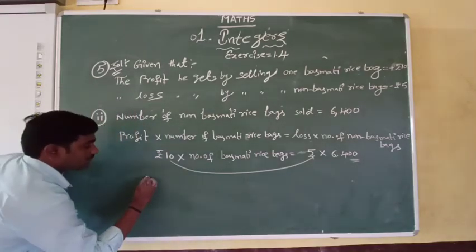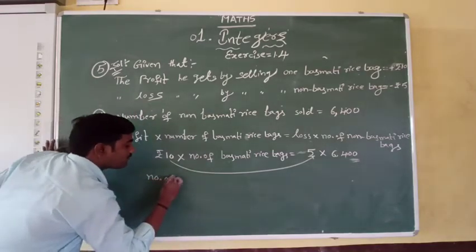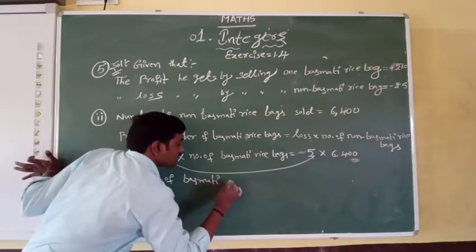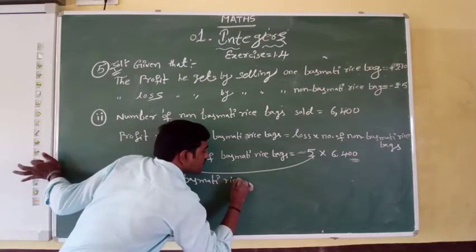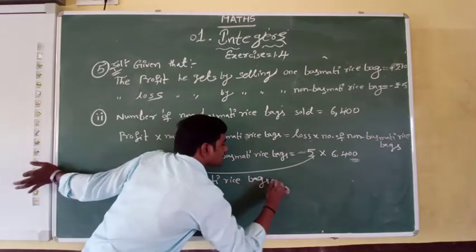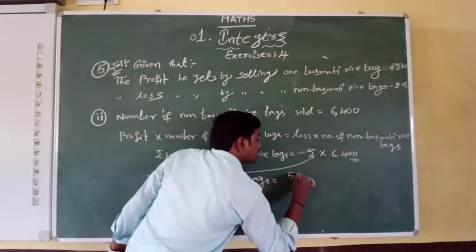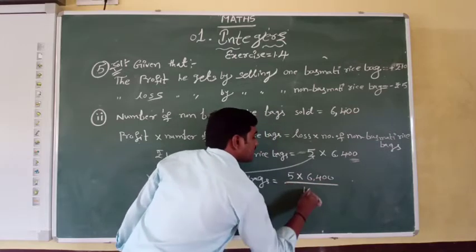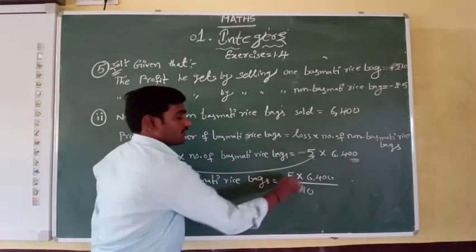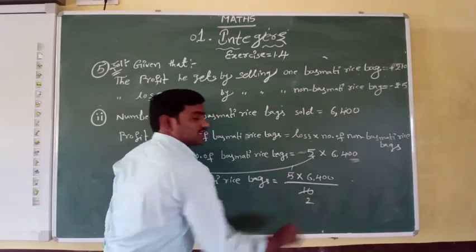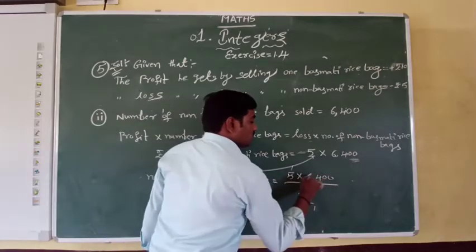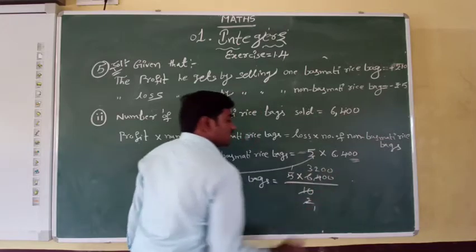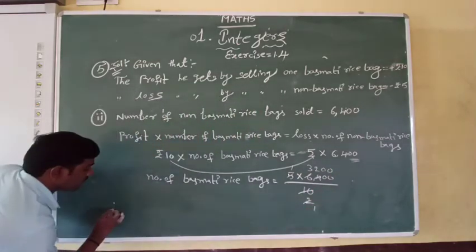So we get number of basmati rice bags equal to 5 into 6,400 by 10. Here 5 ones are 5, 5 twos are 10, 2 ones are 2, 3 twos are 6, 2 twos are 4 and 0. Therefore we got it now.